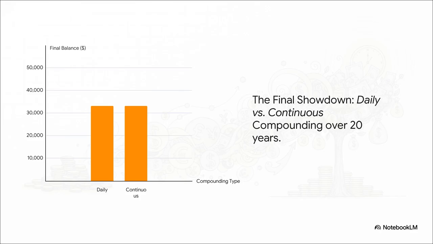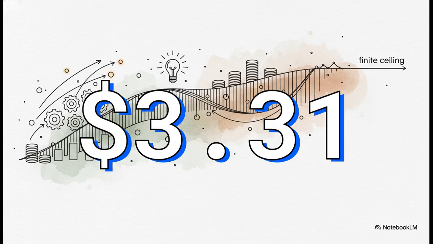Those bars look almost exactly the same. How can that be? Get this. The difference is only $3.31. This is a huge aha moment. It's the whole idea of a limit in action. As you compound more and more frequently, the extra money you get becomes smaller and smaller until you hit a wall. You've reached the point of diminishing returns.